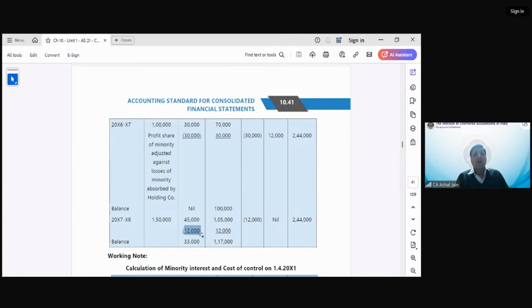Why? Because after transferring 12,000 to the majority, the losses which they had absorbed for the minority in the previous years, that accumulated loss would have become zero. Understood? Everyone clear on this? So, as we discussed, this is again a very, very important concept. Any questions, any doubts around this, please let me know.